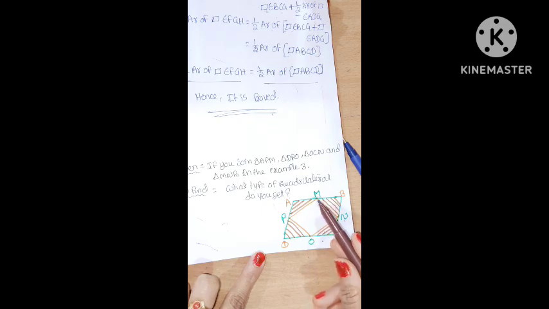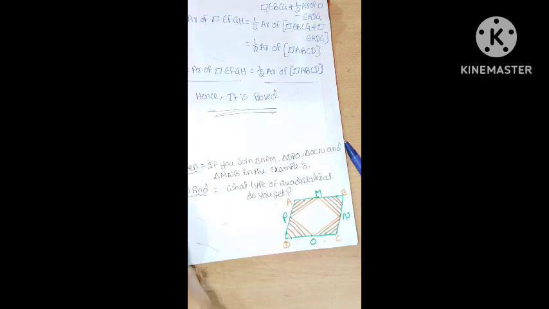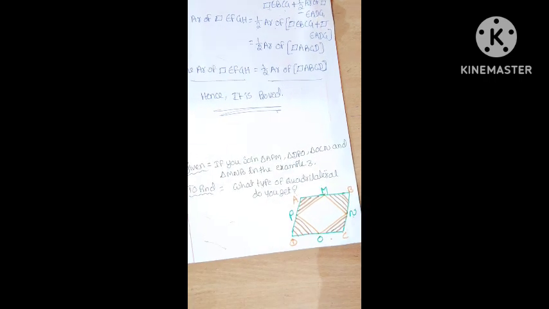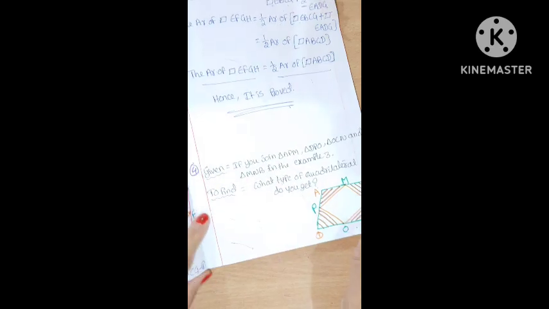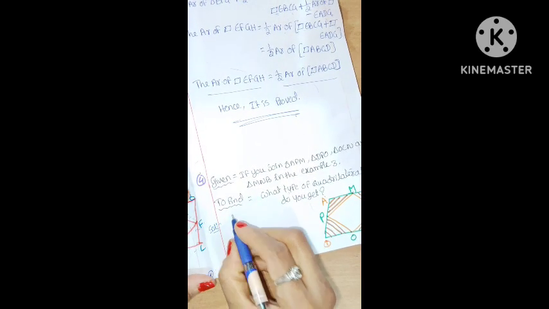We get the figure shown by the shaded region. After joining the midpoints of the opposite sides, we will get a parallelogram. Okay, are you clear? Are you understood? Let us see the solution for this problem.